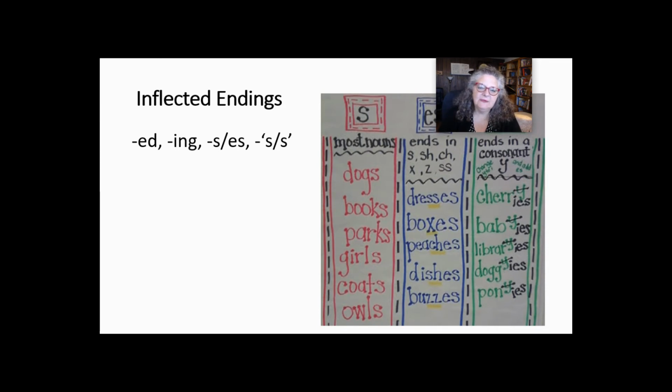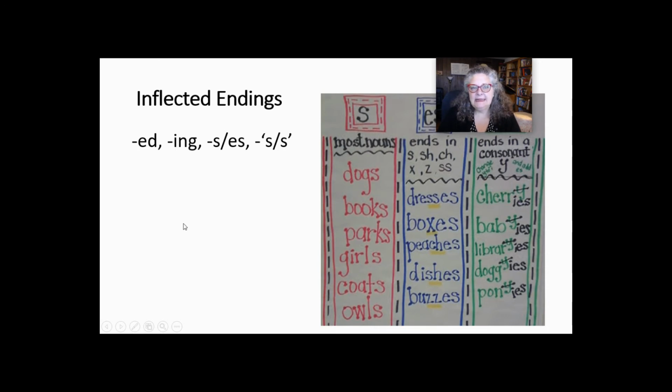See, it's not just about sound anymore. It's about the visual patterns that they're seeing in the base word. If the base word ends with a consonant and has a short vowel or an r-controlled vowel, you can just add s. If it ends with something else, like an ss, then you have to add es. So that's what we're learning. Inflected endings, you've got to know what those are.